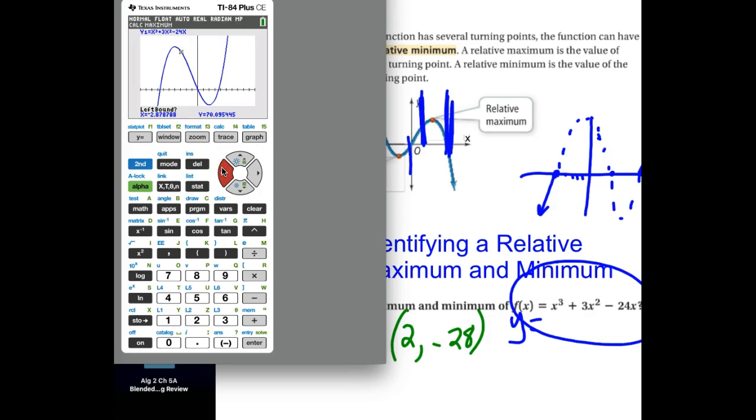But remember, you got to lock the left side before you lock the right side. So we are going to have to continue past that turn, lock in our left bound, and now go back around using our right arrow, lock in the right side, and hit enter again to bypass our guessing. So we're getting a relative maximum of negative 4 and 80.